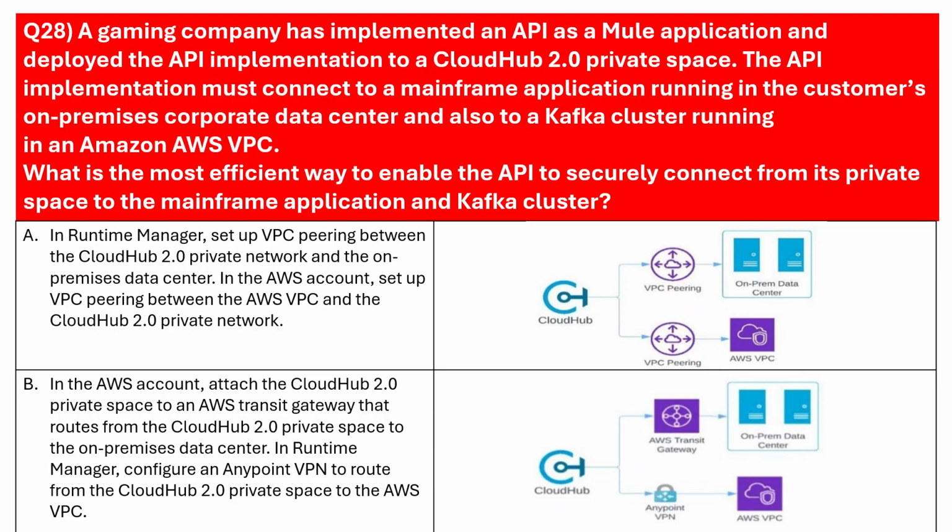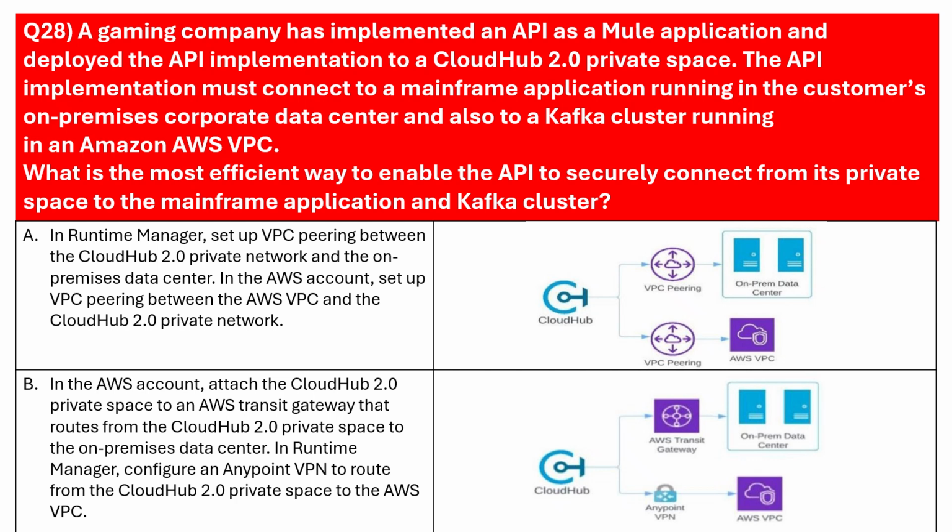A. In Runtime Manager, set up VPC peering between the CloudHub 2.0 private network and the on-premises data center. In the AWS account, set up VPC peering between the AWS VPC and the CloudHub 2.0 private network. B. In the AWS account, attach the CloudHub 2.0 private space to an AWS transit gateway that routes from the CloudHub 2.0 private space to the on-premises data center.